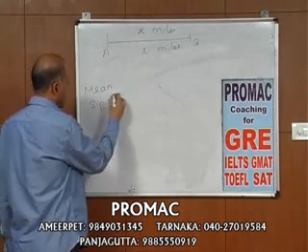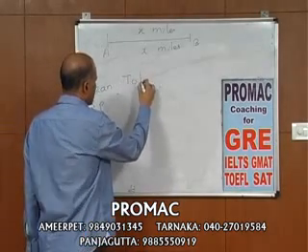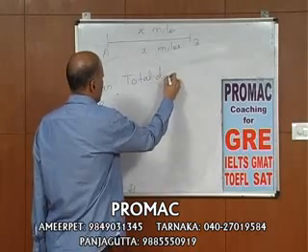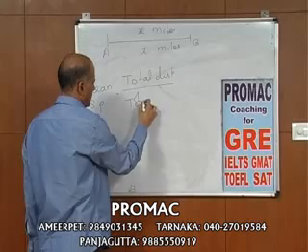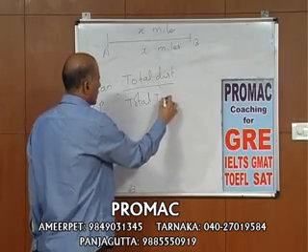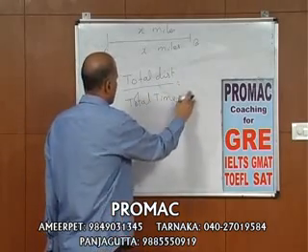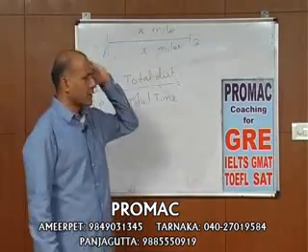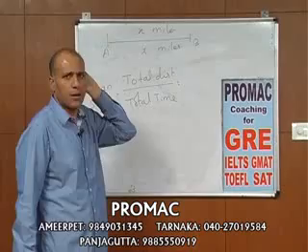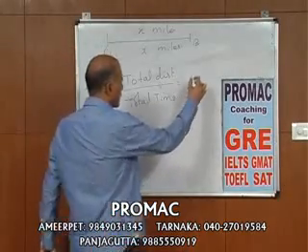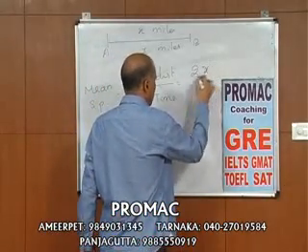Mean speed is total distance divided by total time. What's the total distance? I travelled x miles in one direction. Return also I travelled x miles. So total distance is 2x miles.